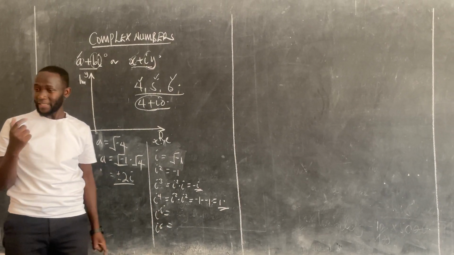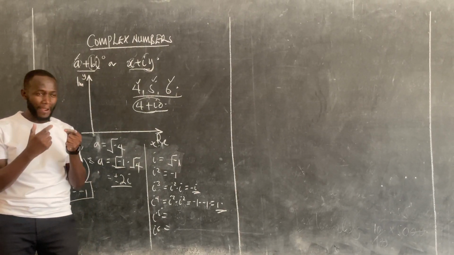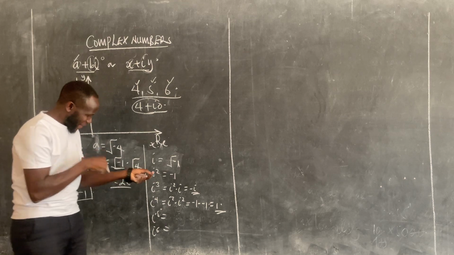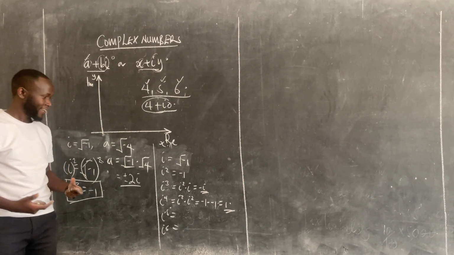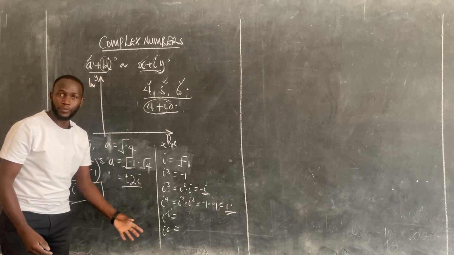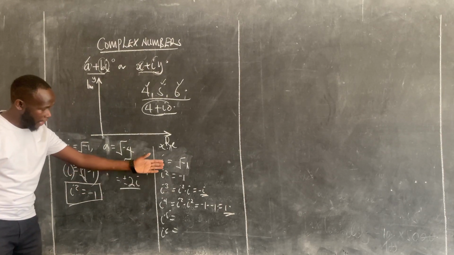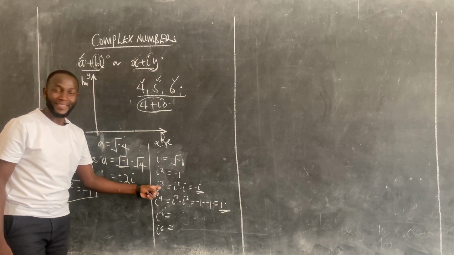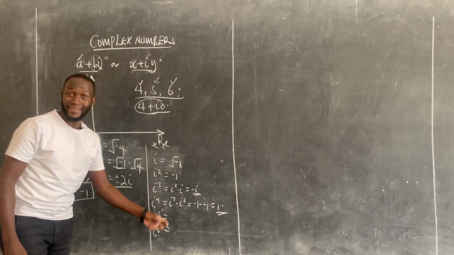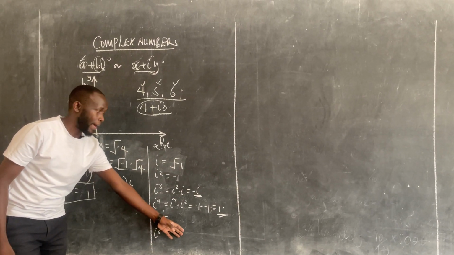You should make sure that you calculate this work and understand it. Let this mathematics sink into your blood and you breathe it. So don't force such stuff to go away easily. i to the power 6 is i cubed times i cubed, so negative i times negative i, which is negative 1. Realize you get your answer here.